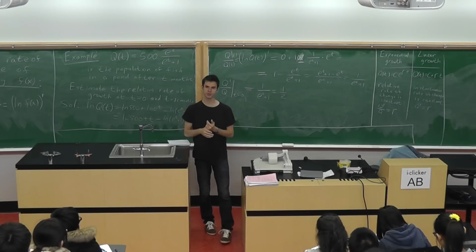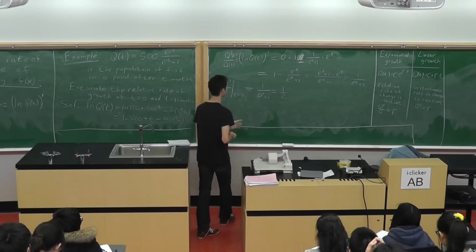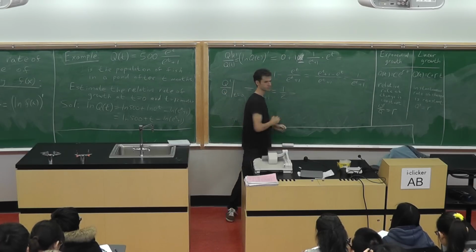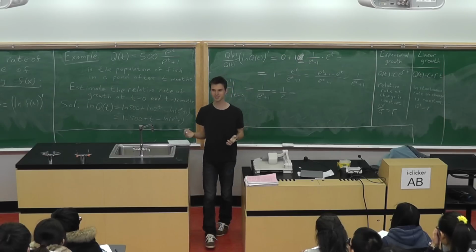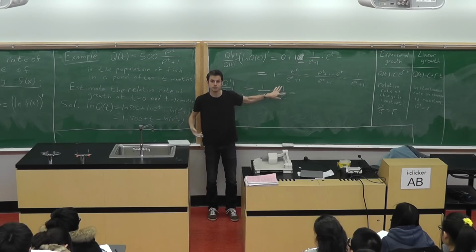And when we are talking about relative rate of growth, it's a good idea to interpret what this 1/2 means. Is it 0.5% per month? No, it's 1/2 of the population per month. It's 50% per month.